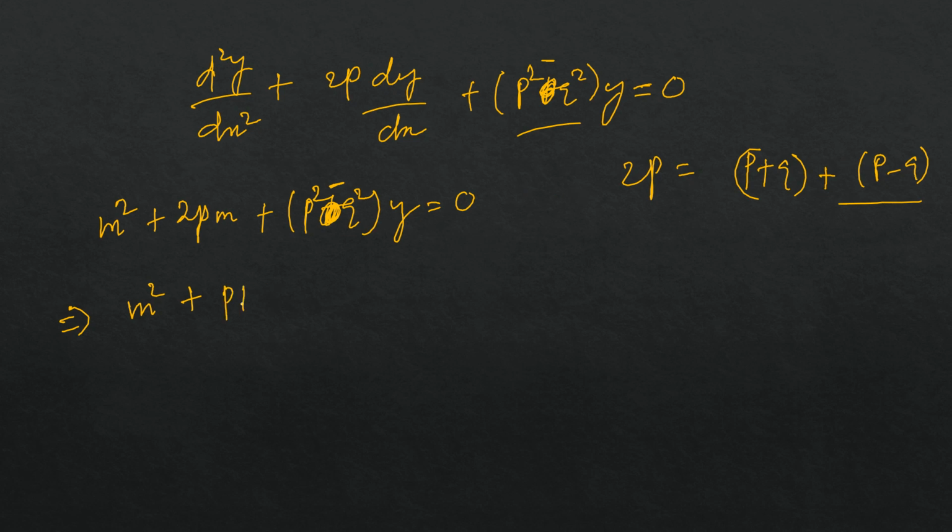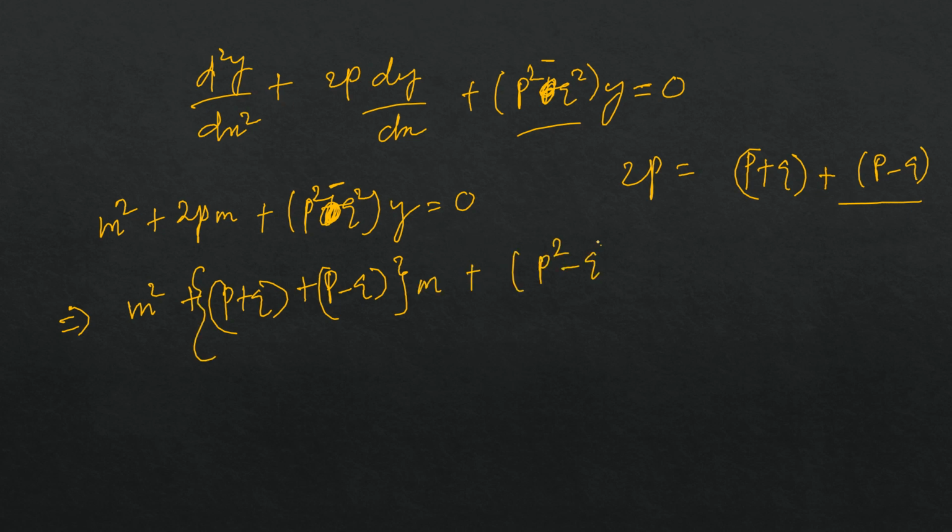So this one will become m square plus p plus q plus p minus q whole into m plus p square minus q square.